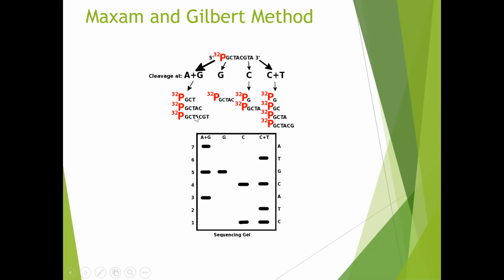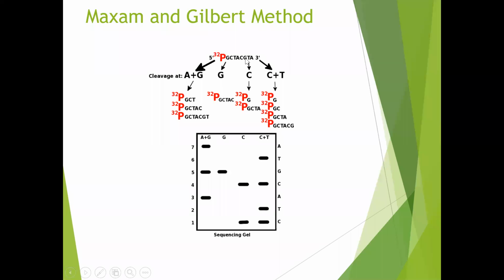So here 3 different products are formed. How are 3 different products formed? If you look at this sequence carefully, G is there as a first base, and where else do you have G?